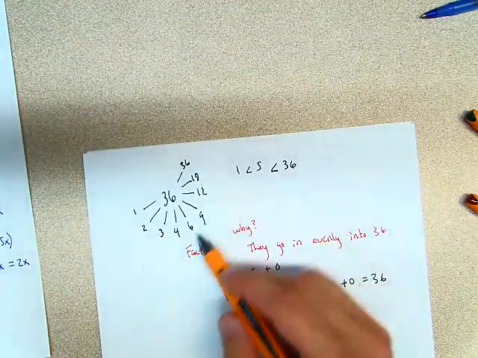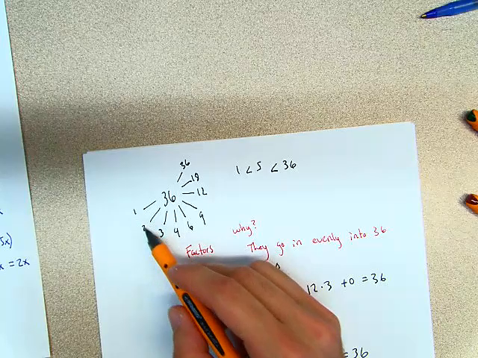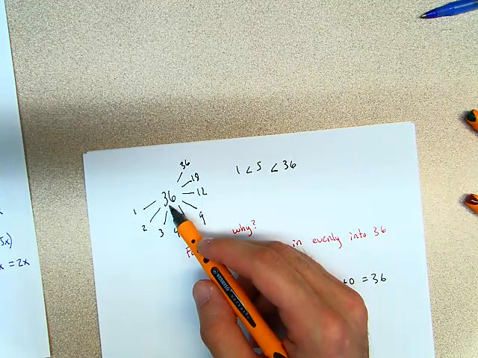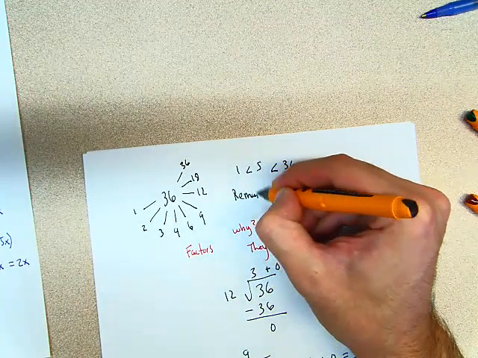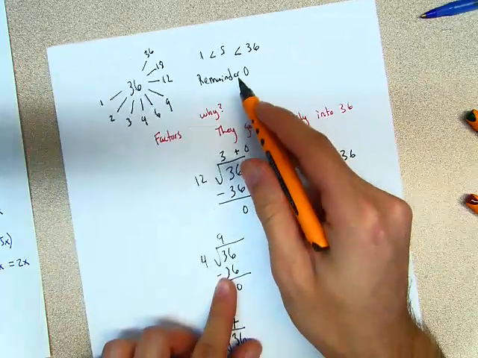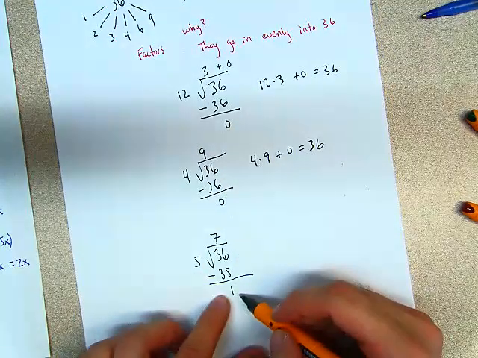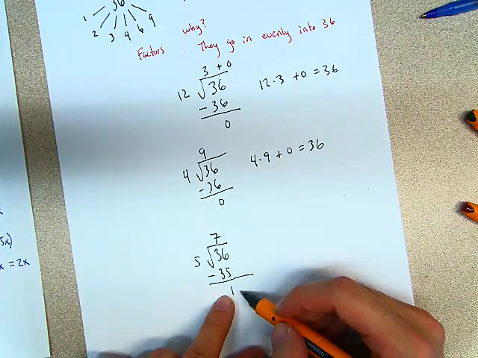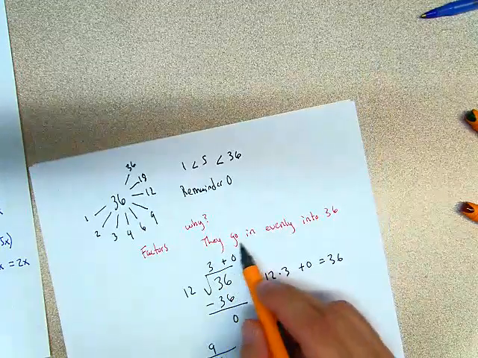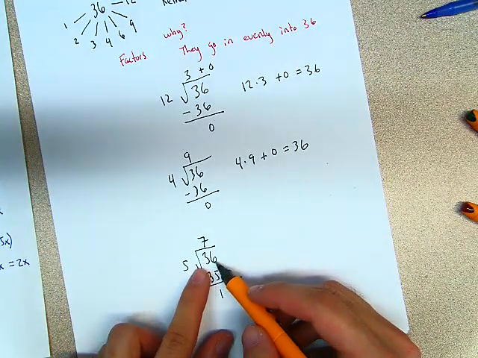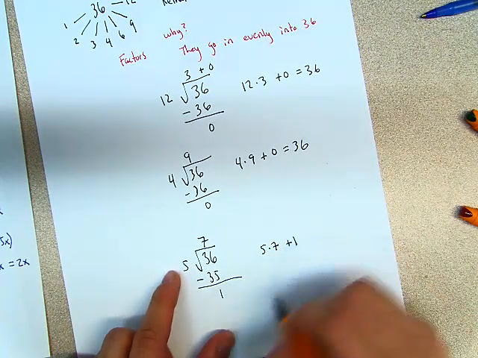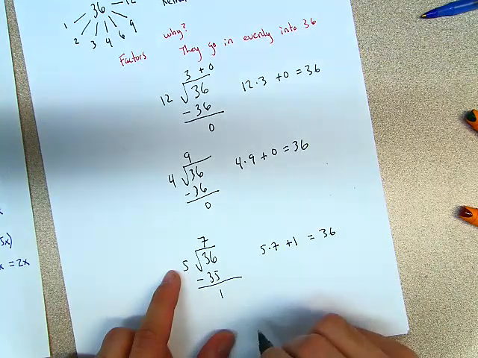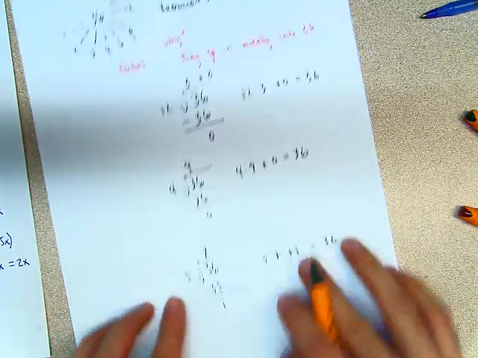If you divide 36 by any one of these numbers, you always get remainder 0. That's going to be an extremely important concept. Here, you do not get remainder 0. You get remainder 1. 5 does not go evenly into 36. But notice that 5 times 7 plus 1 is 36.